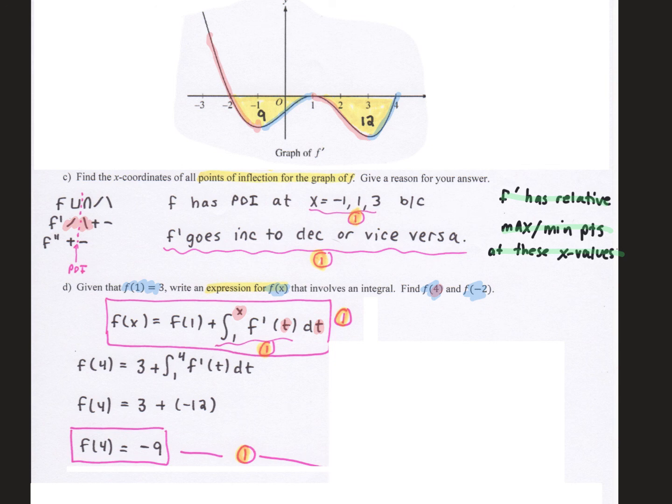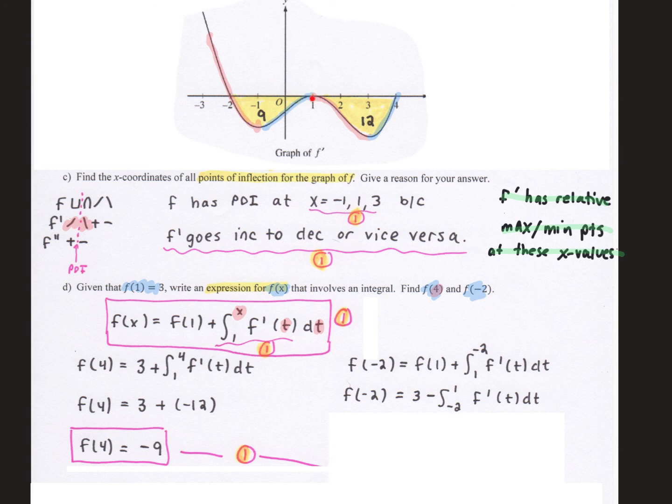I'm now asked to evaluate f of negative 2, so I'm going to follow the same process. Replace the upper limit with a negative 2. When I do that, I see my limits are reversed. The lower limit should be the lower number, so I need to put them in the correct order, and that introduces a negative in front. And now I evaluate this integral the same way. From negative 2 to 1, I'm going to look at the area.